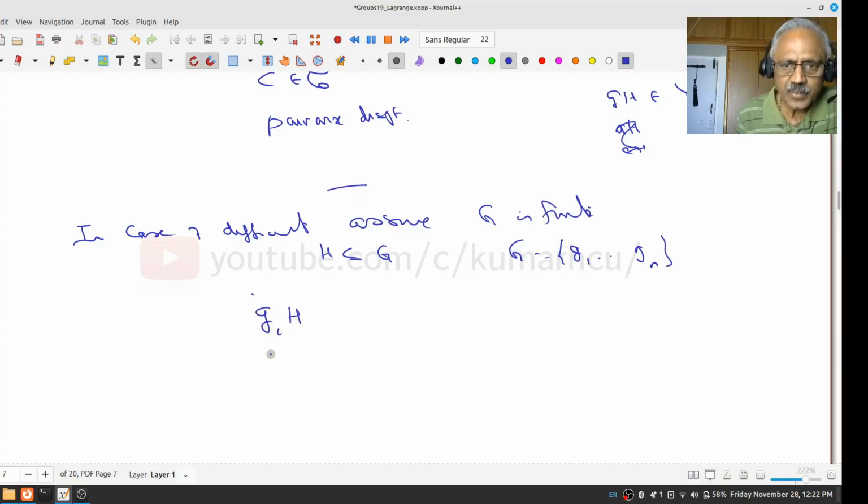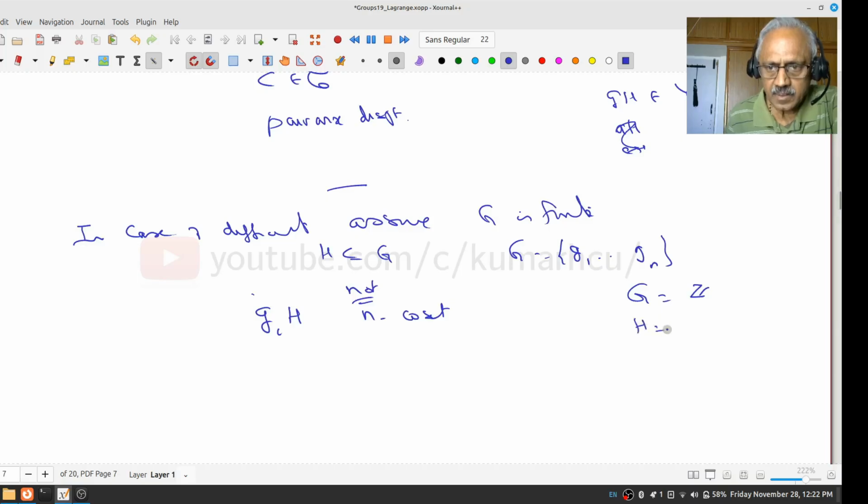But what we know is, there are not n cosets. Because remember, my G is Z, my H is nZ, where n is a natural number greater than or equal to 2. Then we found out the number of cosets is only finite.